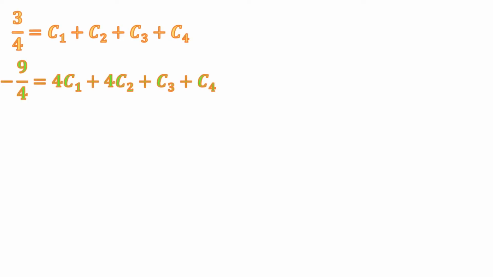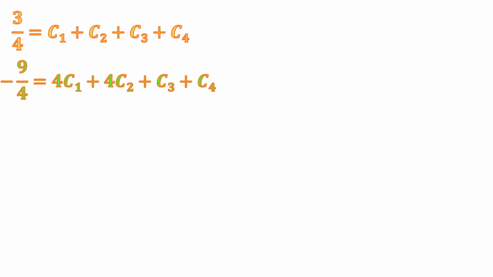So let's pair the equations. I'm going to pair the orange and the yellow green because they have the same signs of the constants. They are all positives, and it's going to be easier for us to cancel some constants that we want to cancel. So in this case, I want to cancel the c1 and c2.